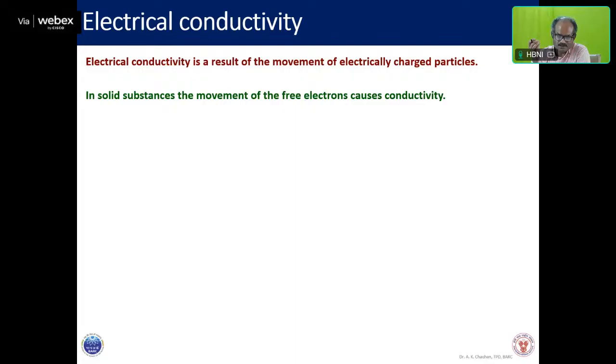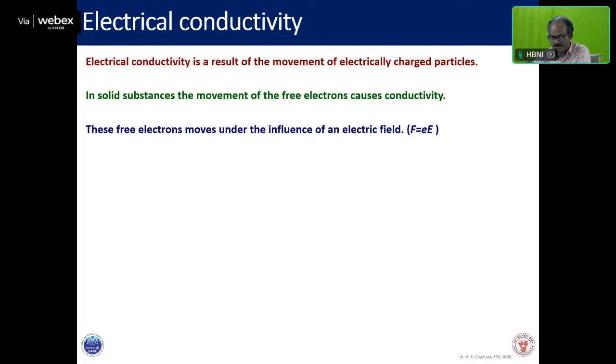However, in solid substances, the movement of free electrons causes conductivity, because generally in solid state ion movement is not there, unless in some advanced materials where ion movement is facilitated under certain conditions.